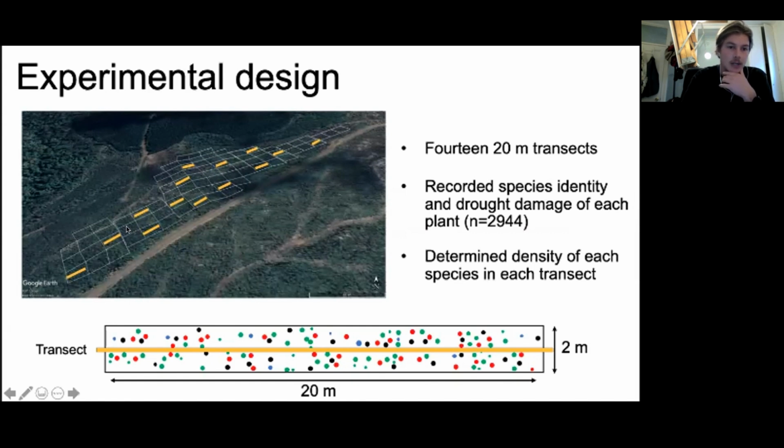Again, the white squares are the 25 by 25 metre treatment plots. The transects were 20 metres long and 2 metres wide. Within that transect area, we recorded the species identity and the percent damage of every plant, and we also calculated the density of each species.